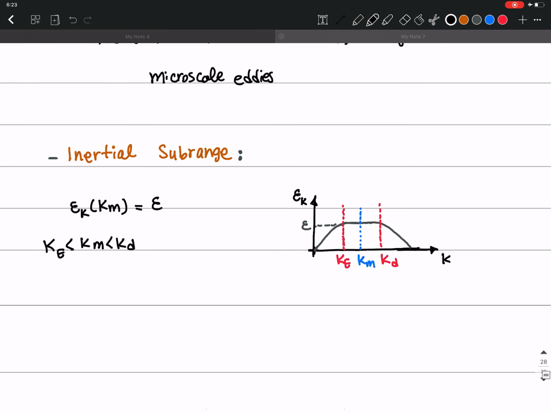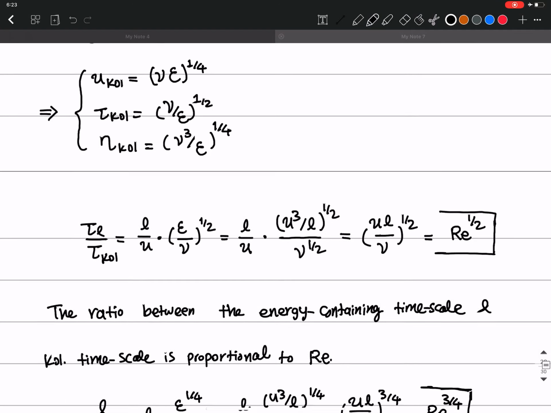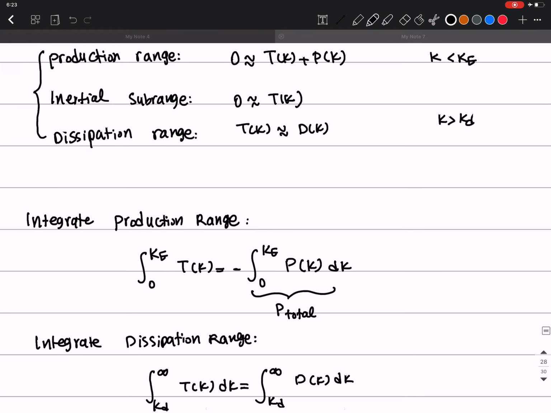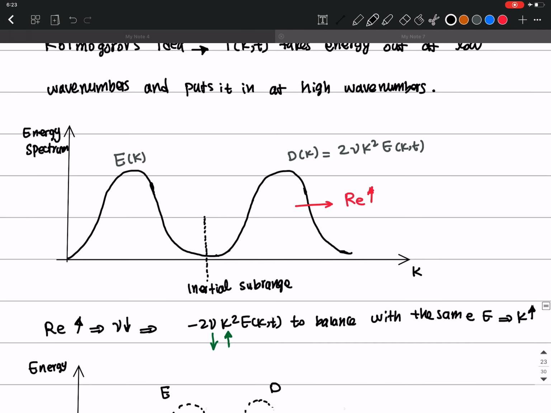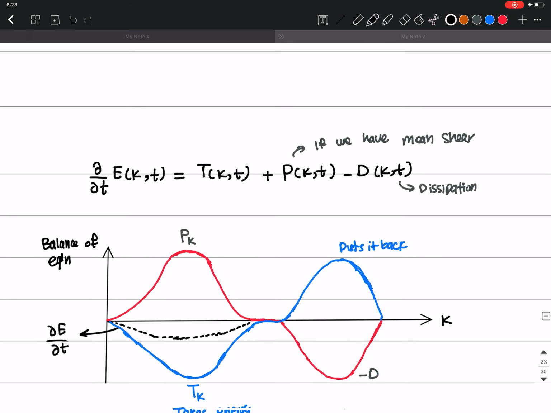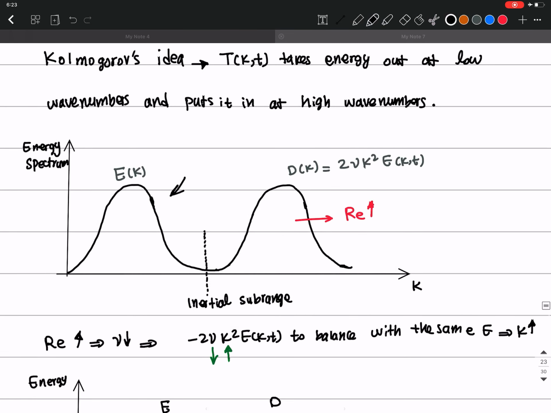Based on this, also we know that EKM, the production in the inertial subrange, as you see here, which is this red line, or you can also look at it from this graph. In the inertial subrange, which is around here, Km, this EKM is about 0 because we don't have any energy production.